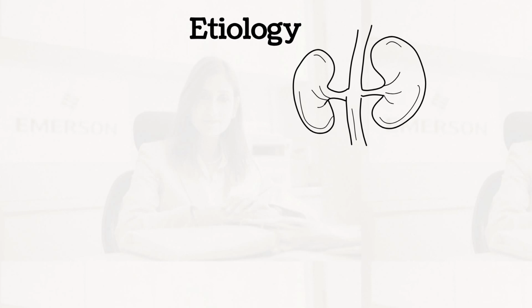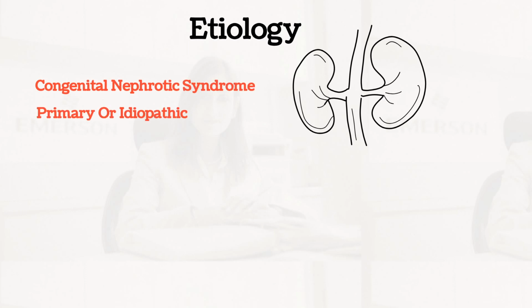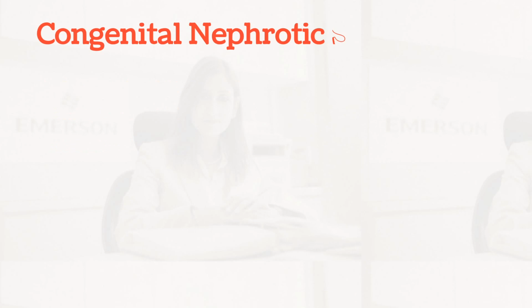That's the epidemiology. So continuing with the causes, we classify them as congenital nephrotic syndrome, the primary or idiopathic, and then we have the secondary etiology.